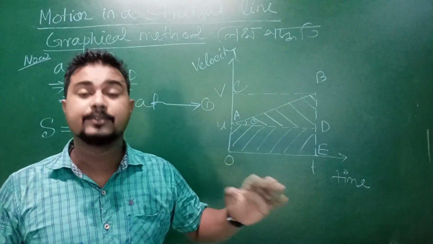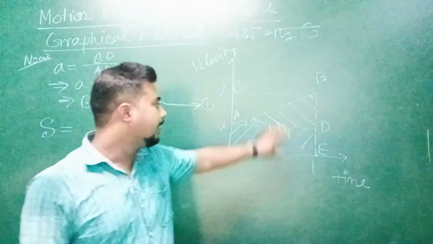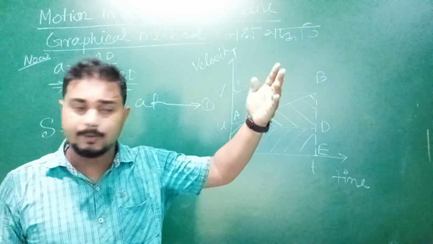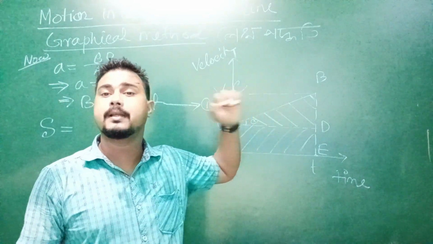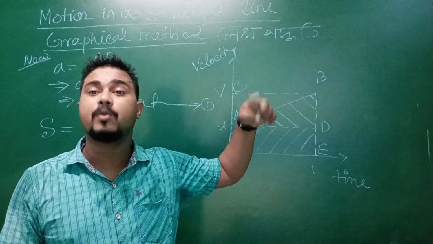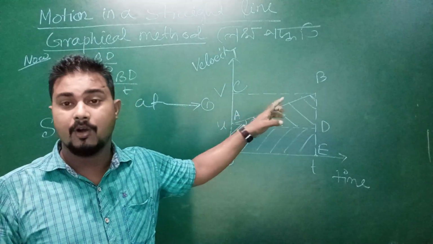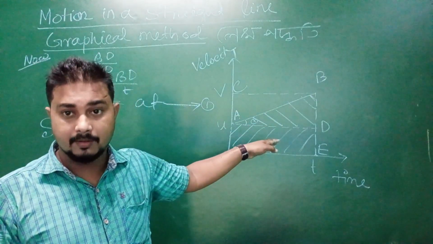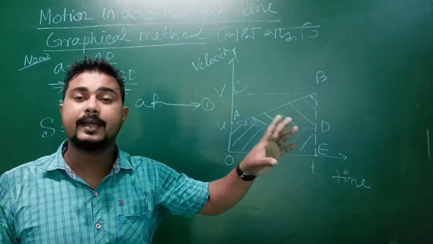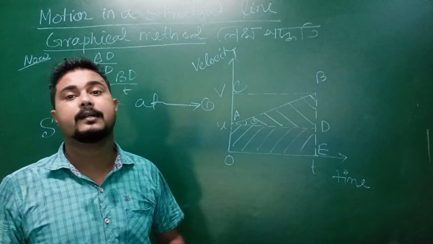summation of these two, we find the value of the area of the triangle and the area of the rectangle, and add the two values. If we take the summation of these two areas, of the triangle and of the rectangle, then we will get the total area of that trapezium.